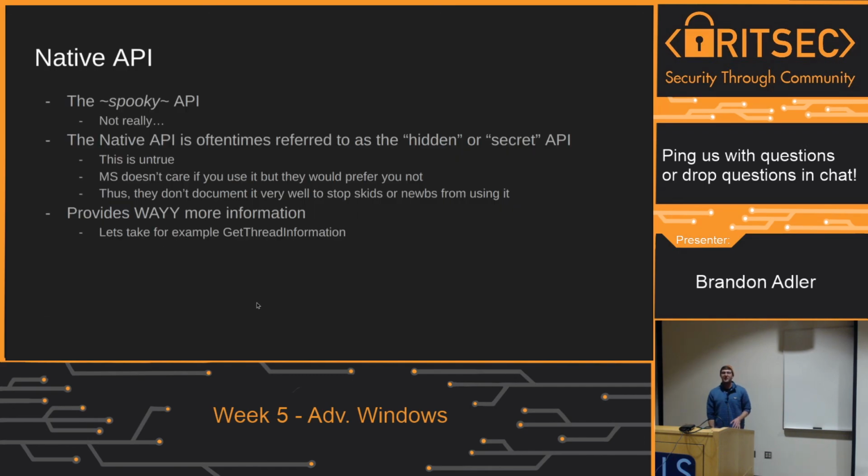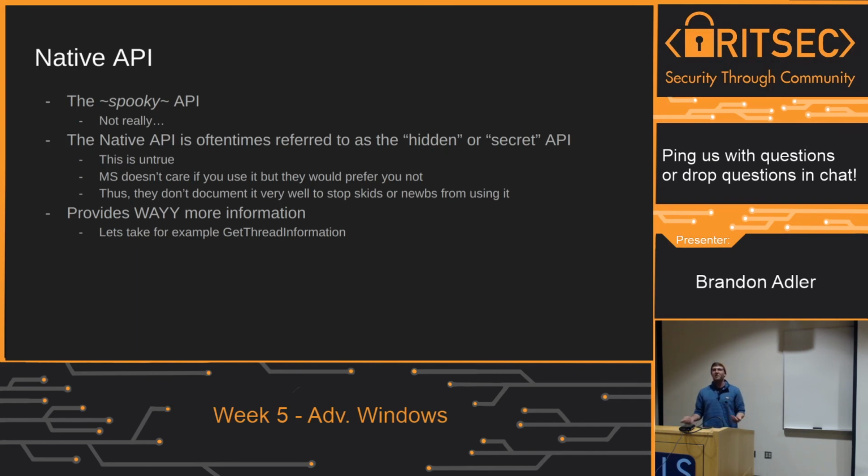So the native API is kind of like, let's leave it out in the shed, right? Because most of the time, you don't really want to deal with the native API. It's the hidden or secret API, because it's not documented. Windows only documents the APIs that they want developers to use, which makes sense from their point of view.